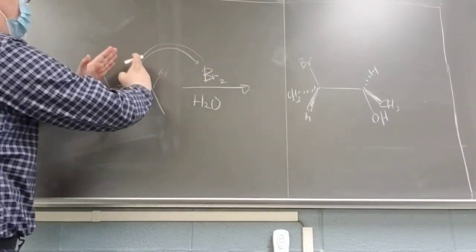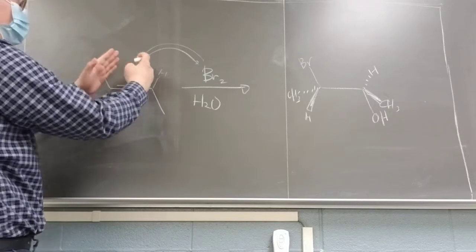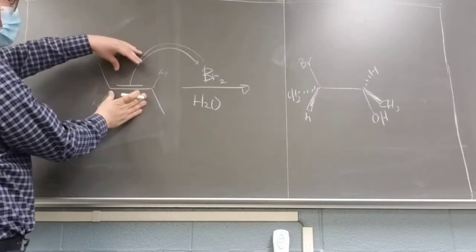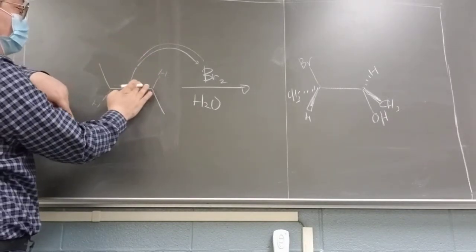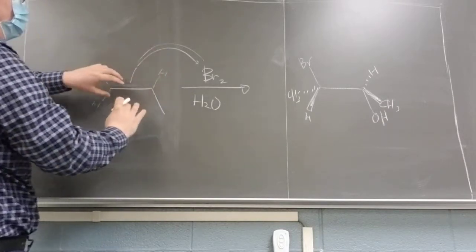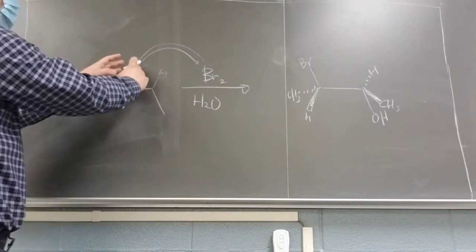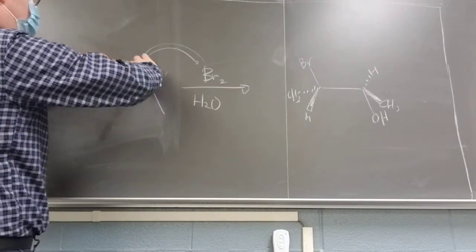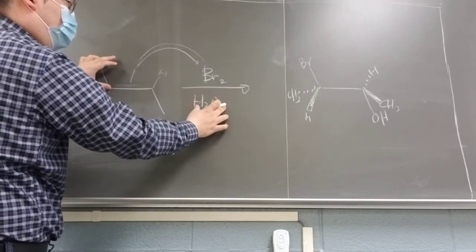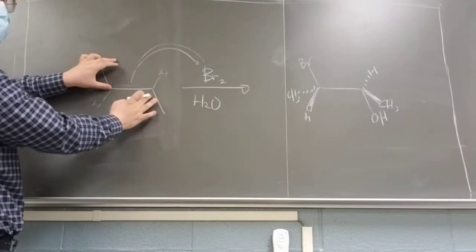Then they form the bromonium ion, which is this side. Initially the double bond is gone, right? This side is taken by one bromine here, forming the bromonium ion here. So when they break apart, the water only came onto the other side.